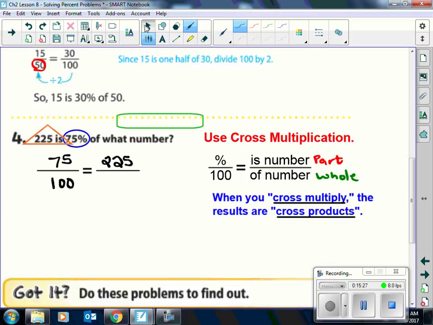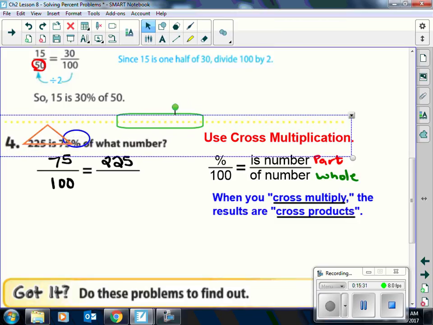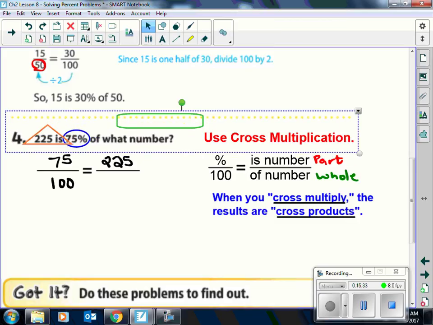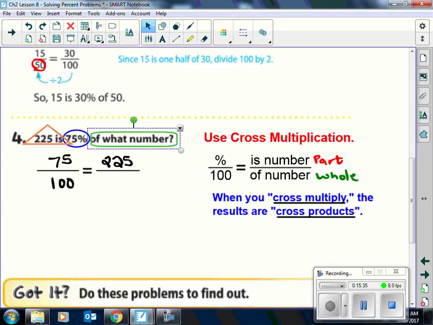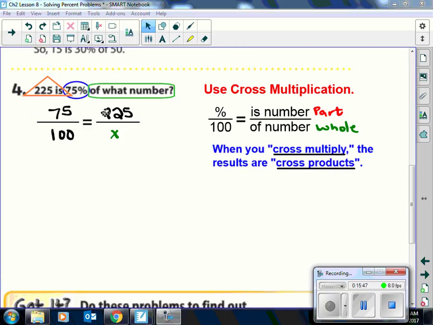And of course the of number, which is the whole, goes in the denominator. So we are going to solve for the whole. And we're just going to call that x. Okay. So we're going to use cross multiplication to solve for that x.